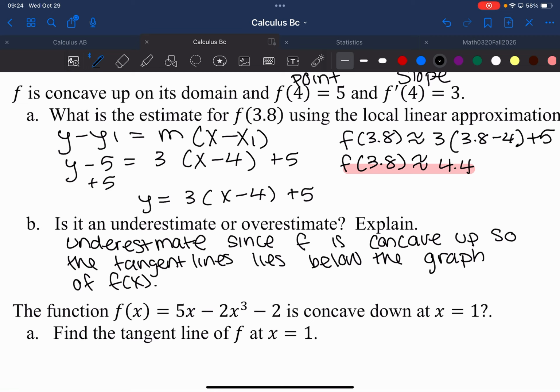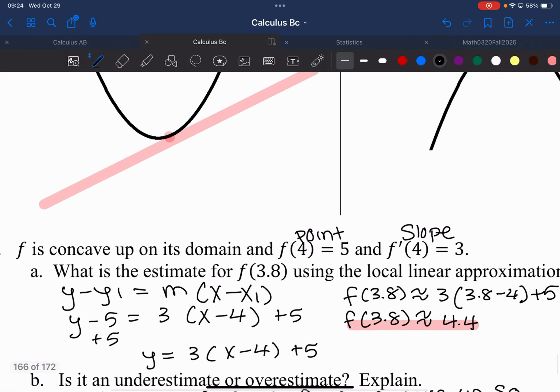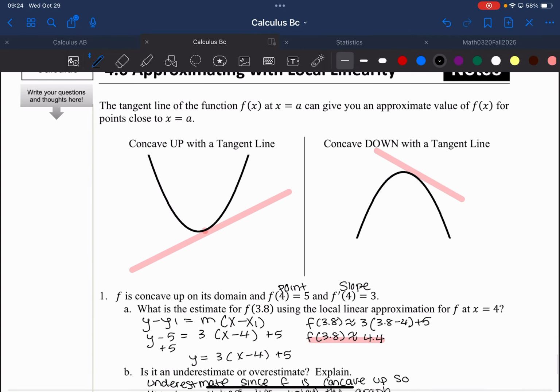So it's based on the concavity whether it's an underestimate or overestimate. Will it always be an underestimate or overestimate depending on the concavity, or is it the numbers? It's based on the concavity. Concave up will always be an underestimate, concave down will be an overestimate. And that's just based off of where our tangent lines lie on the graph.